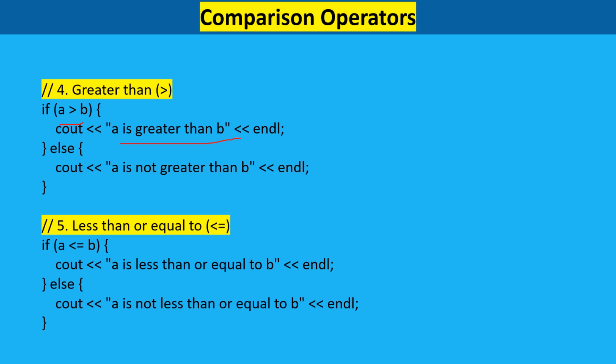And now less than or equal to. If a is less than or equal to b, the operator checks if a is less than or equal to b. Since a is 10 and b is 5, the condition is false. So it will print a is not less than or equal to b.